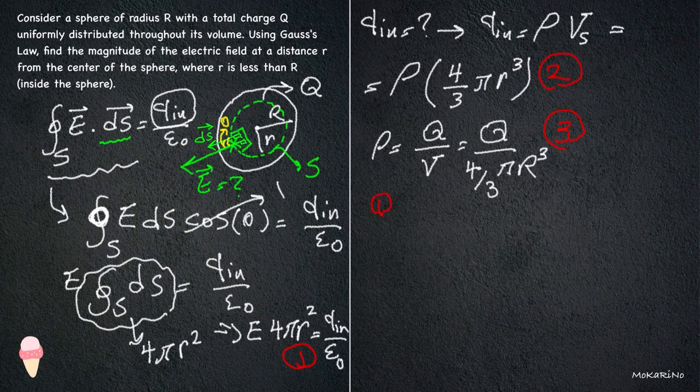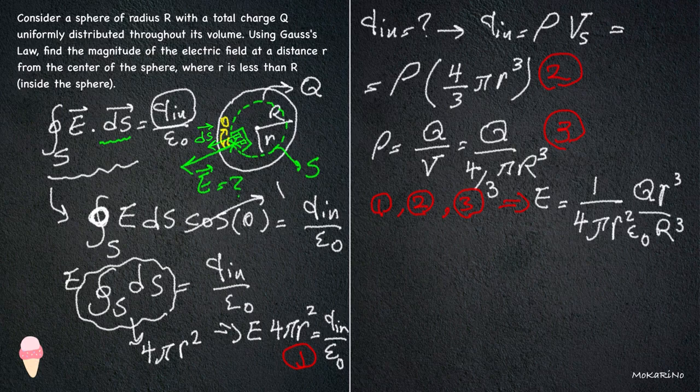So from these equations, 1, 2, and 3, by just combining them together, you can finally find something like this: E equals 1 over 4 pi epsilon 0, R2 Q, divided by R3.